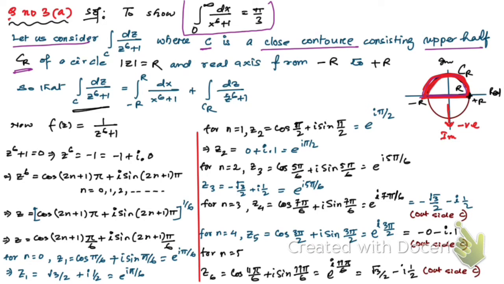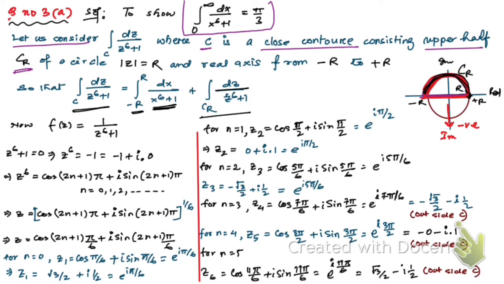This is equal to the integration from minus r to plus r, dx by x to the power 6 plus 1, plus the integration over CR, the circumference, dz by z to the power 6 plus 1.